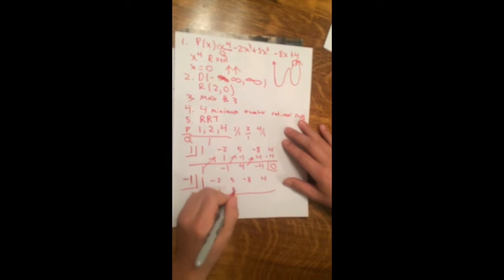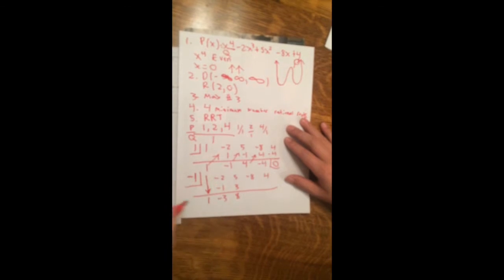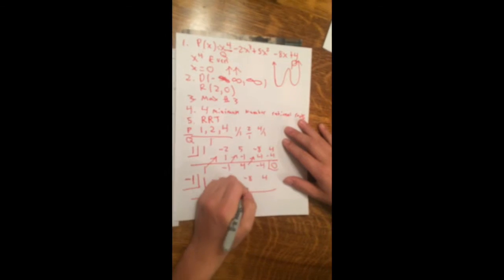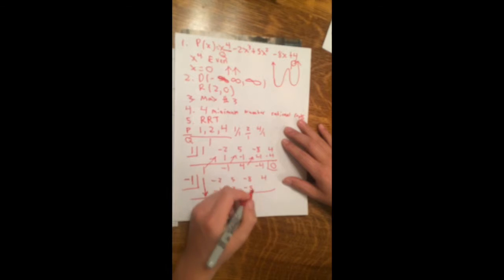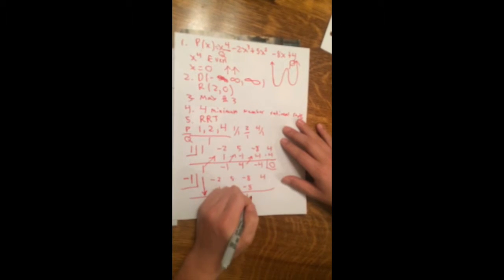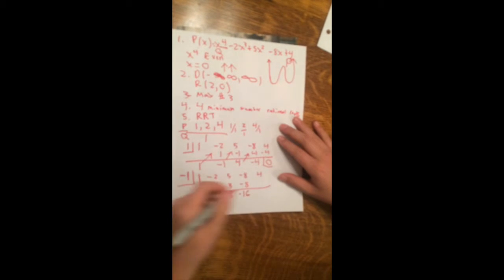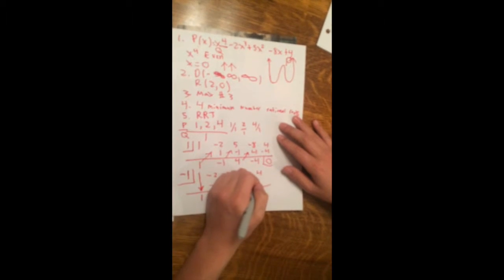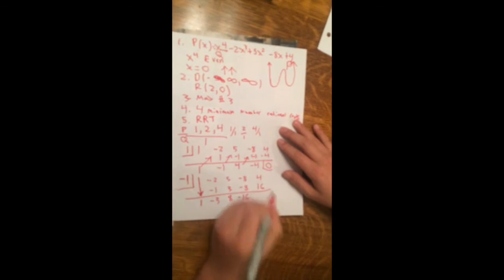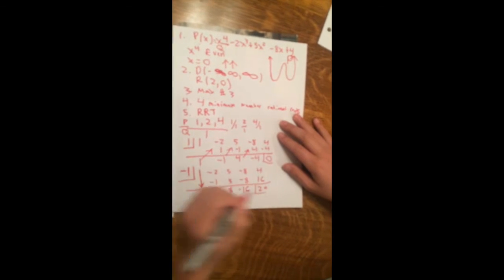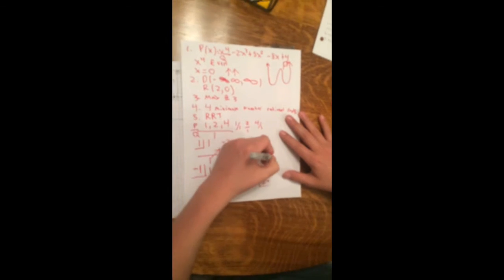Add those together: 5 and 3 is 8. 8 times negative 1 is negative 8. Negative 8 plus negative 8 is negative 16. Negative 16 times negative 1 is positive 16. Positive 16 plus 4 is 20. And so we found that that is not 0.